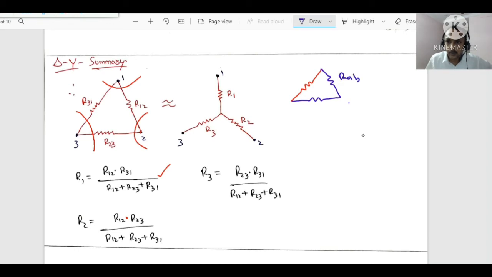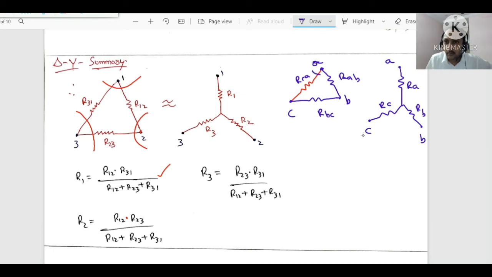This is RAB between nodes A, B and C. This is RBC, this is RCA, this is node A. Now I want its equivalent star, RA, RB and RC, right? And this is node A, and this is node B, and this point is node C.